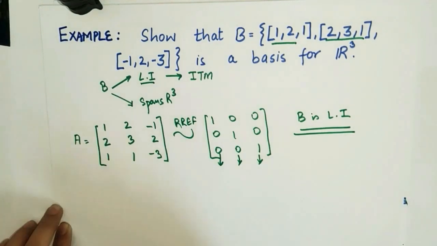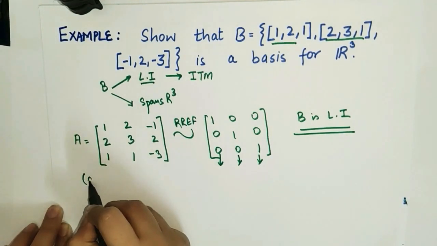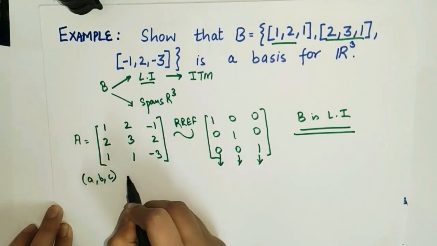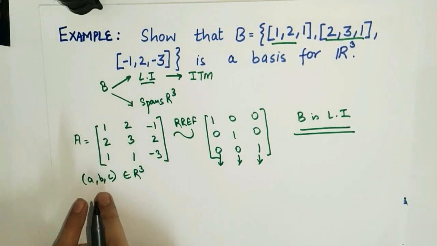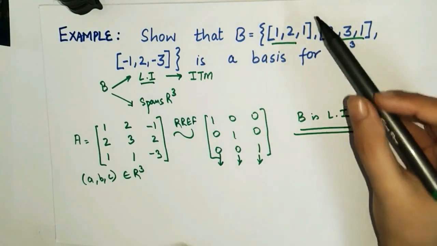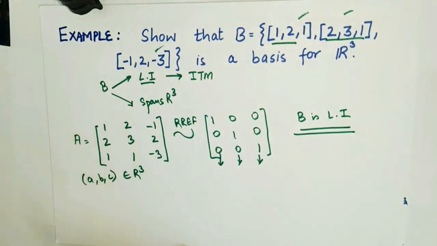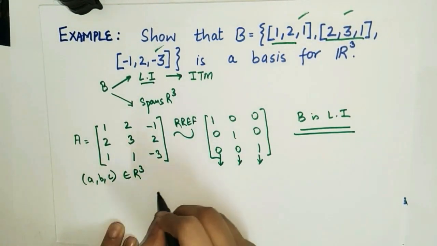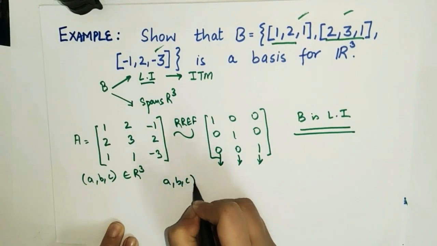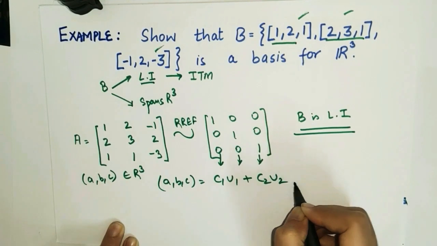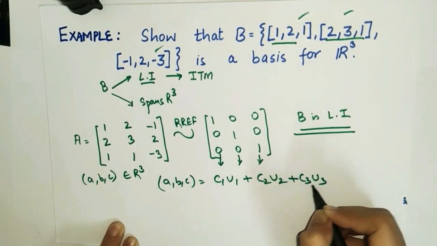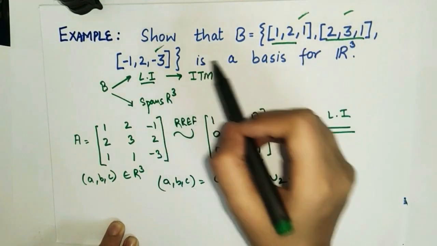After this step, I need to show that B spans R3. For that, we take an arbitrary element (a, b, c) in R3 and we have to see whether this element can be written as a linear combination of these vectors, that is, as c1u1 plus c2u2 plus c3u3, where u1, u2, u3 are these three vectors.